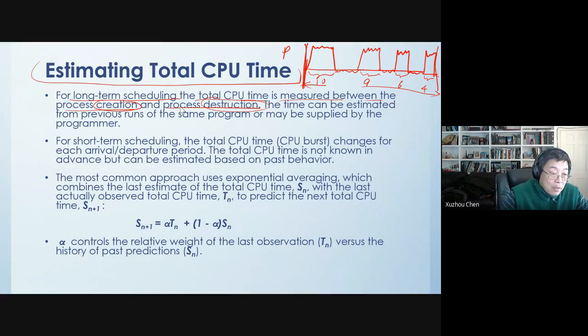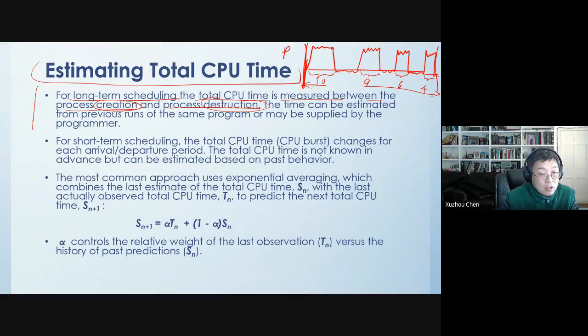Okay, so measuring the total CPU time sounds like an impossible job, because how can I figure out what the CPU time will be before I start to run the program? How can I tell, even before I start the program, that I need 10 seconds or 20 seconds?